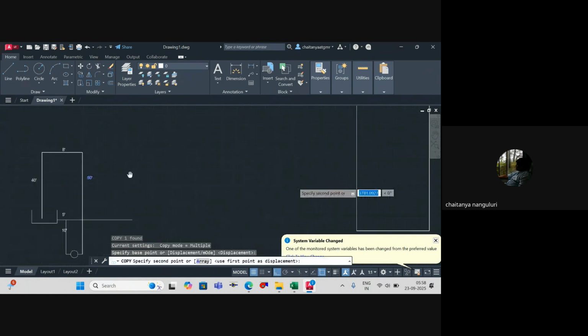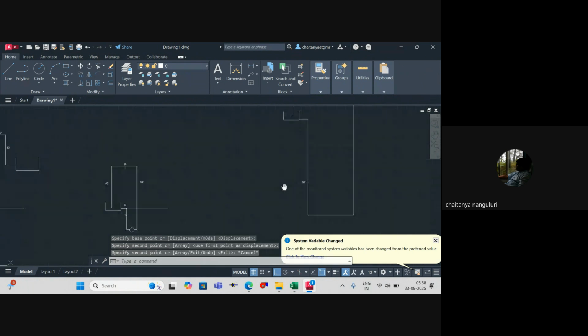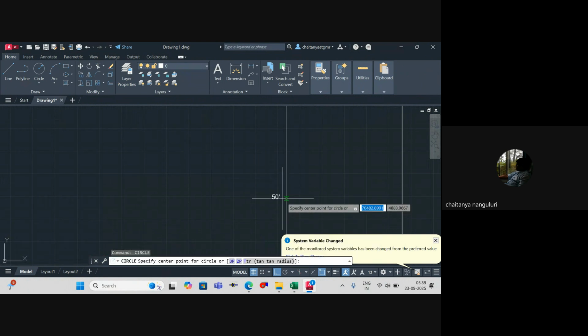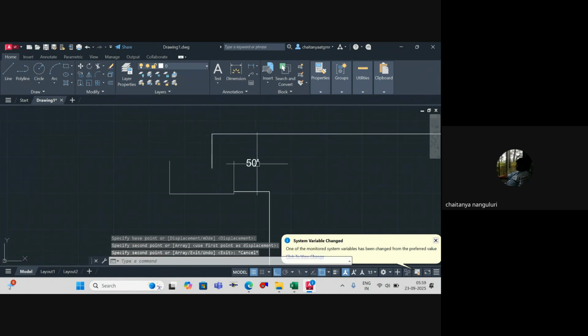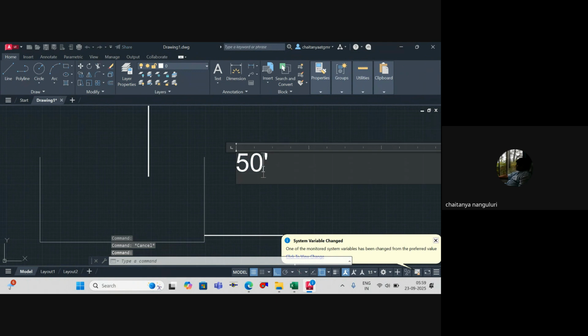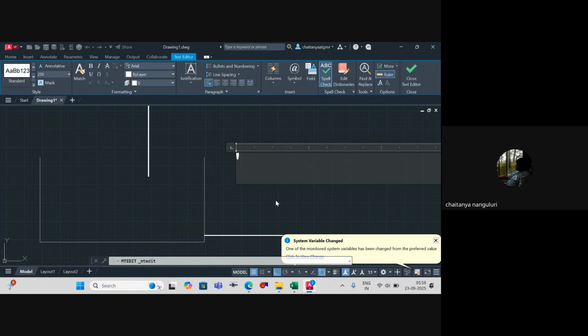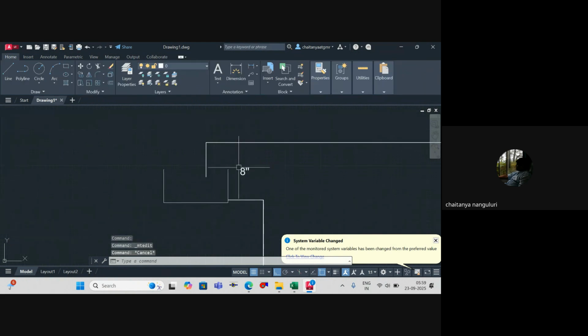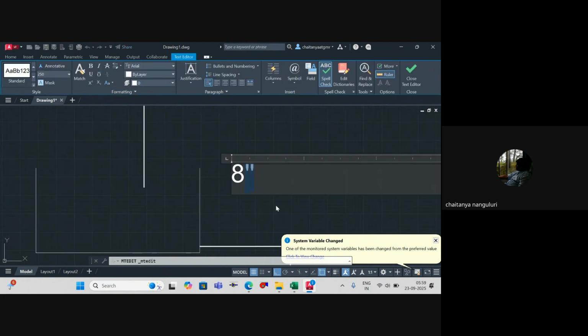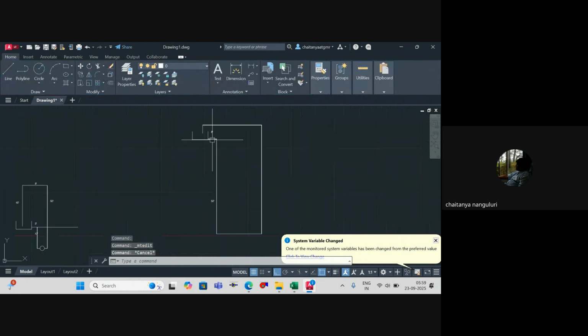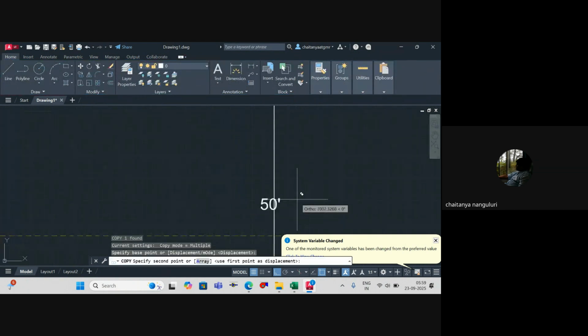Let's take this is somewhere around 50 feet. Let's take the tank height is basically say 8 feet. 8 feet. Sorry, 8 feet, not inches. Yeah. 8 feet. And this guy is 58 feet, obviously.